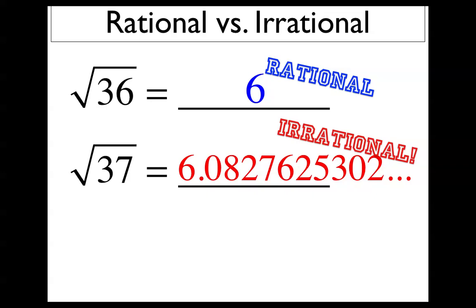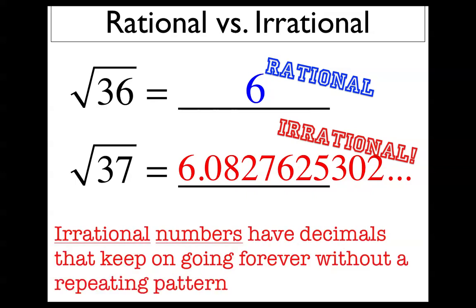An irrational number happens when you try to take the square root of something that isn't a square of something. And you can tell what irrational numbers look like because they have decimals that keep on going forever and ever, but they go on forever without a repeating pattern. There's no set pattern of numbers that keeps on going.